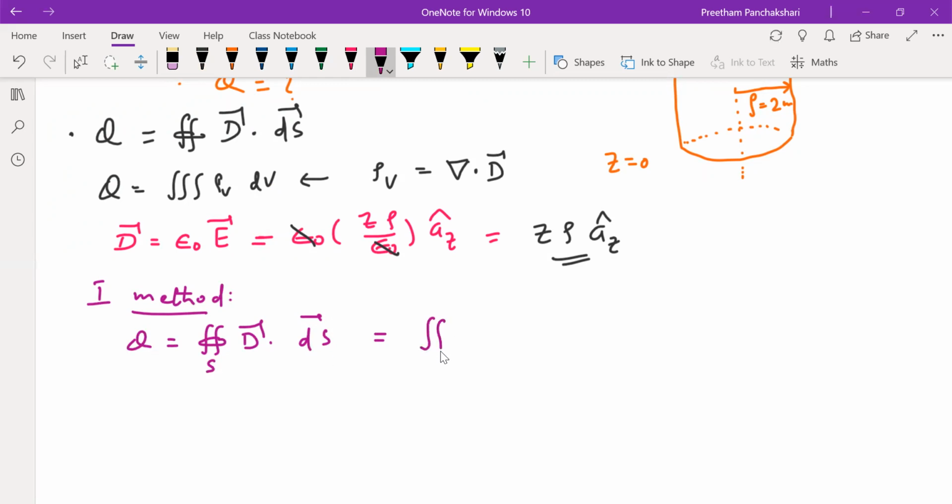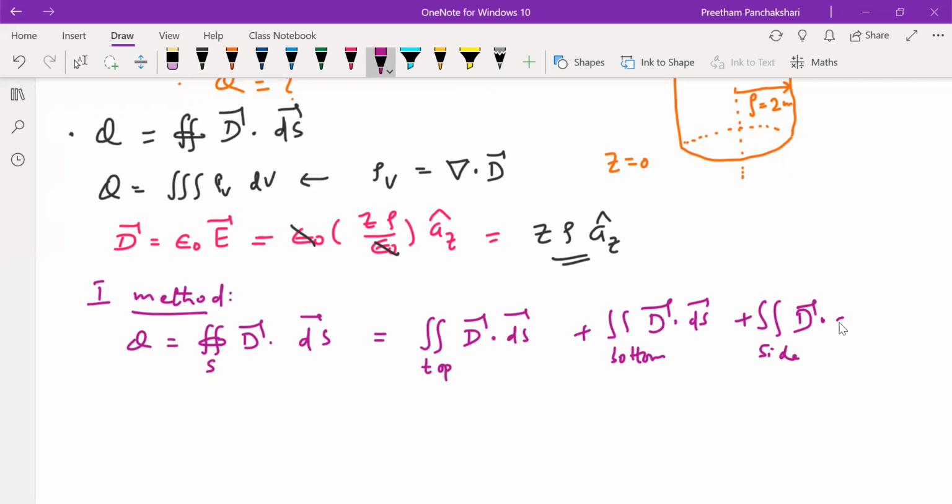So we split the closed surface of the cylinder into three separate integrals. One over the top surface, another over the bottom surface, and one more over the side of the cylinder.